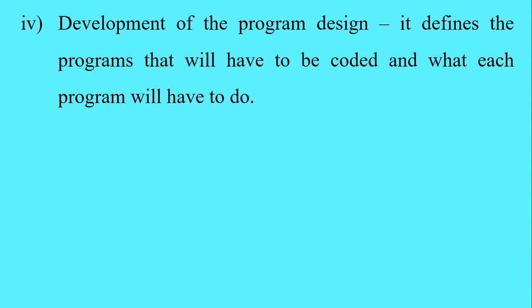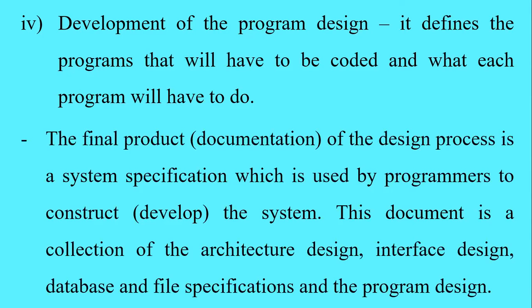It defines the programs that will have to be coded and what each program will do. The final product or documentation of the design process is a system specification, which is used by programmers to construct or develop the new system.